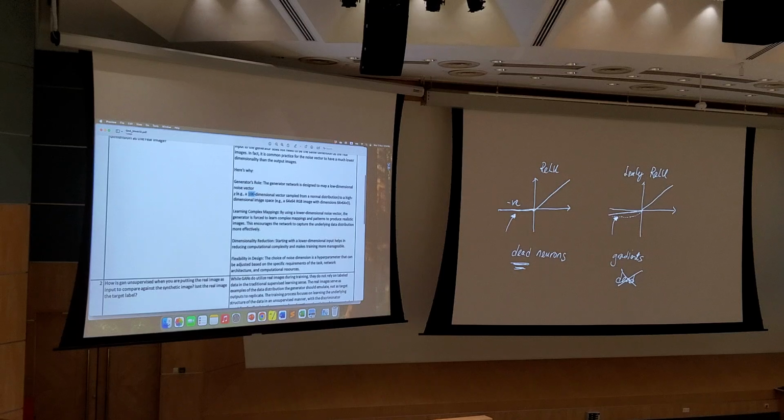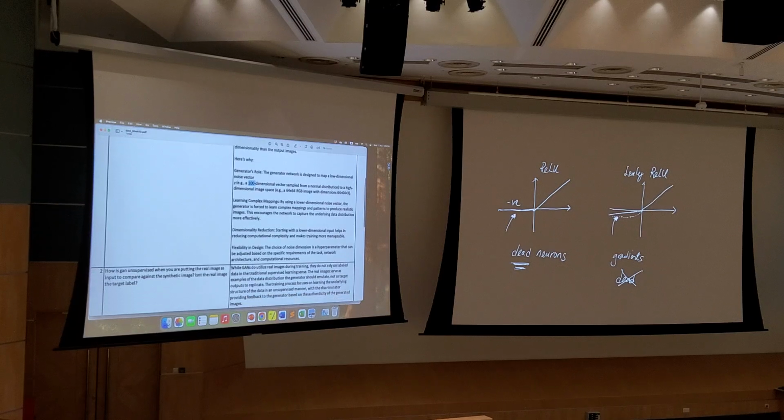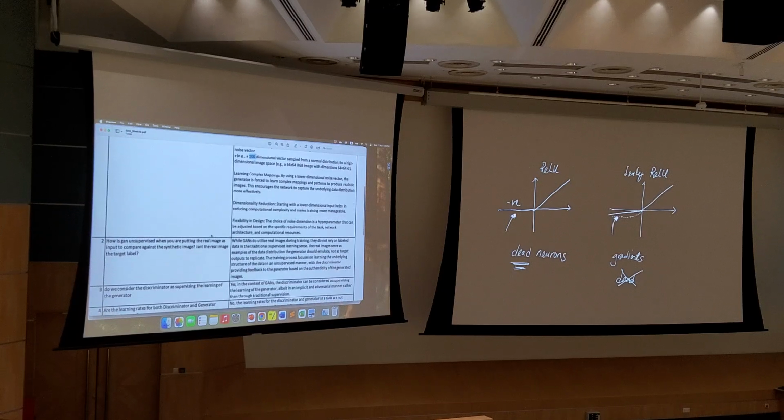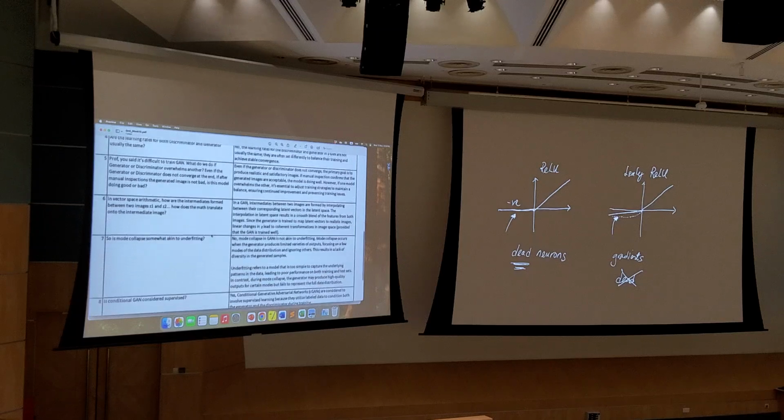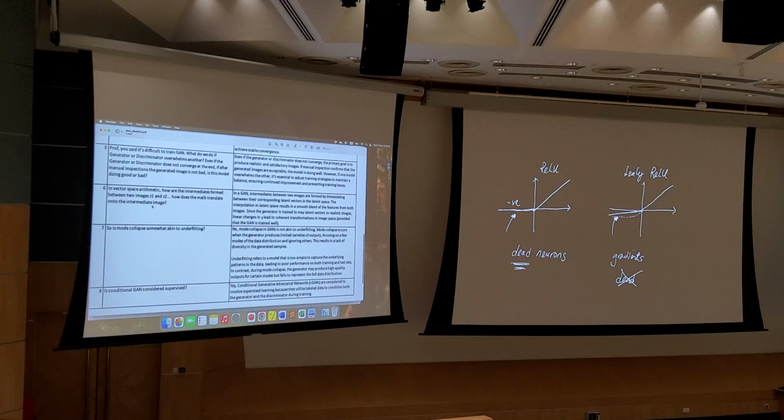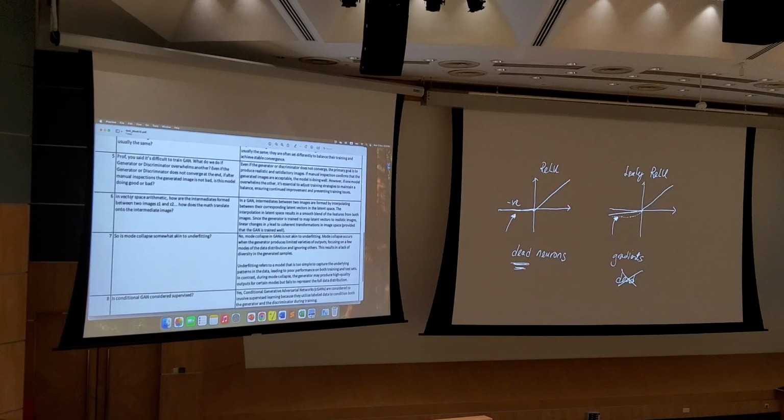That's why we don't need a high dimensional space. And that is also related to another question, where we discussed the interpolation of latent.